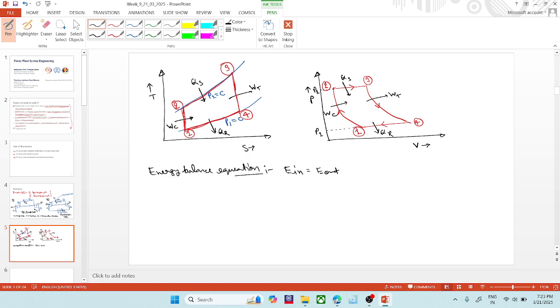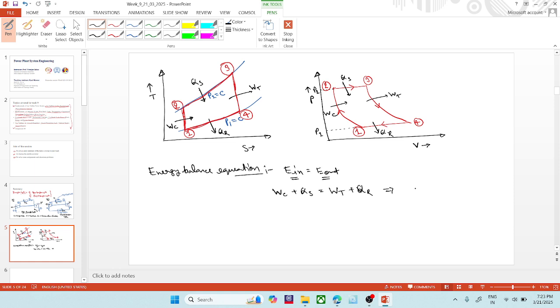Energy in would be equal to the energy out. So here the energy in is the WC and QS. These are the input forms of energy. So the compressor work plus heat supplied would be equal to the turbine work plus heat released.